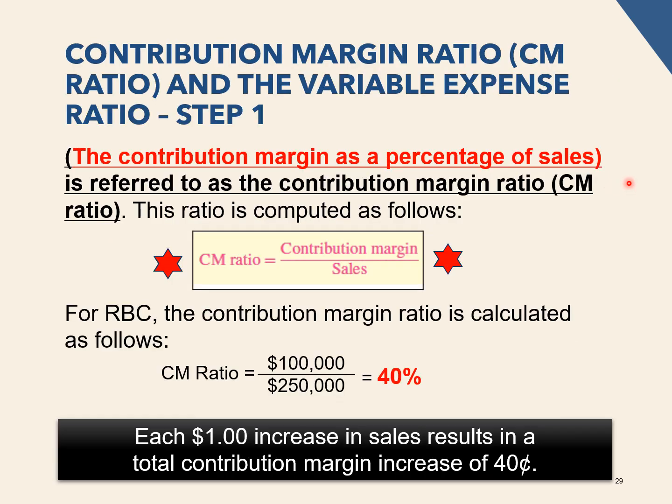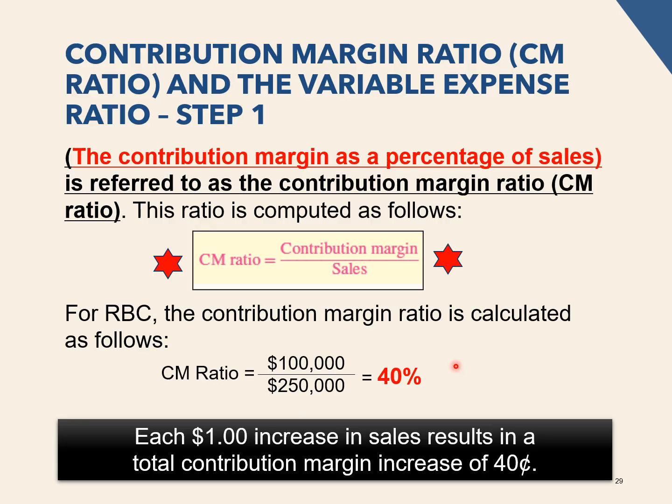The contribution margin as a percentage of sales is referred to as the contribution margin ratio or CM ratio. This ratio is computed as follows. You take contribution margin divided by sales. You will get the contribution margin ratio. For Racing Bicycle Company, the contribution margin ratio is 40%.